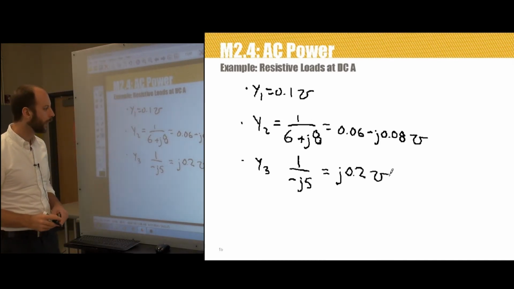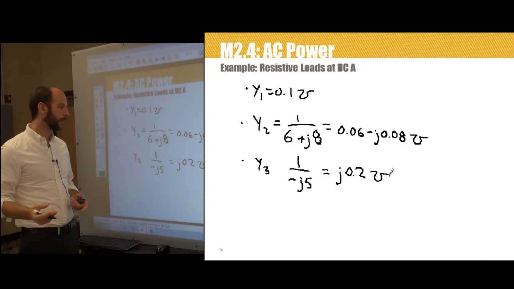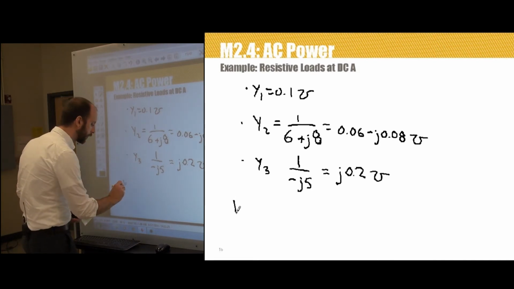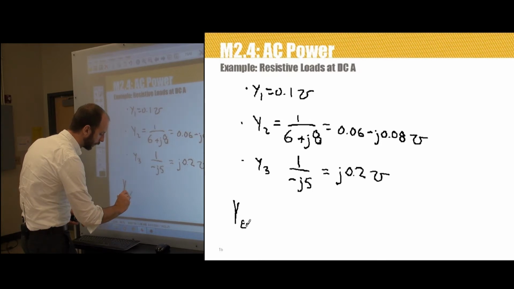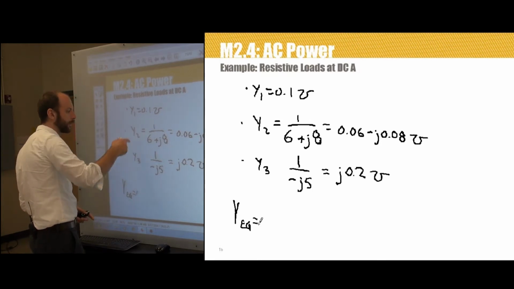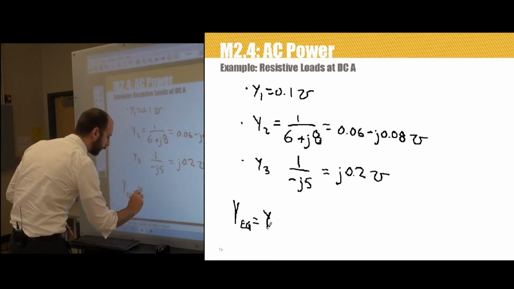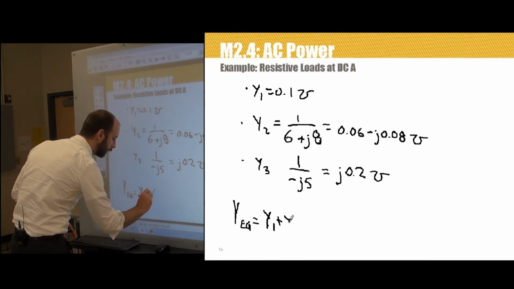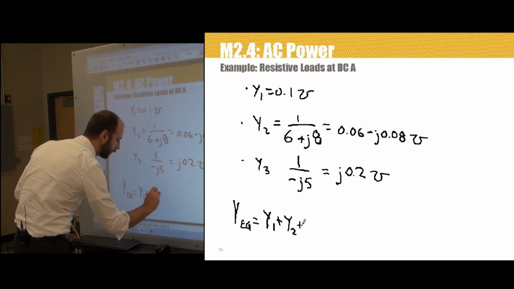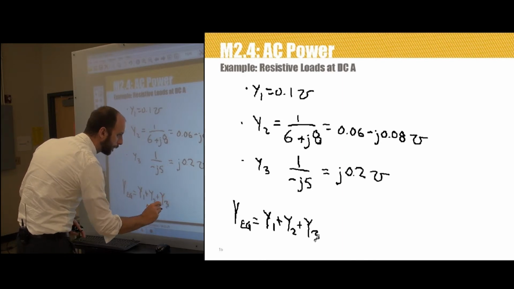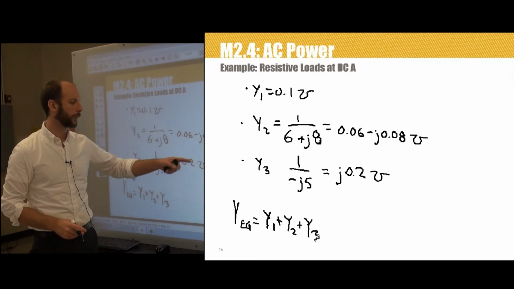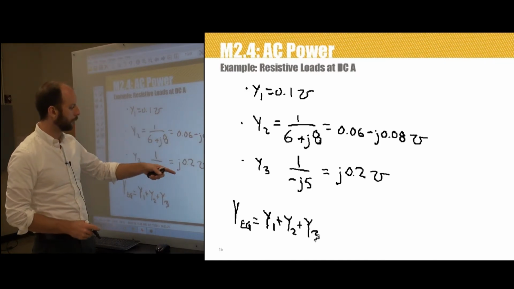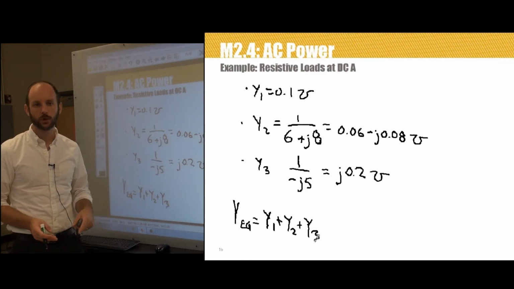Now, the nice thing about admittances is that for the total circuit admittance, Y equivalent, we can just sum them: Y1 plus Y2 plus Y3. We sum those up: 0.1 plus 0.06 minus j0.08 plus j0.2.